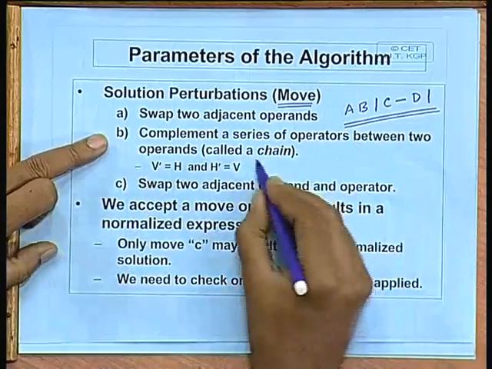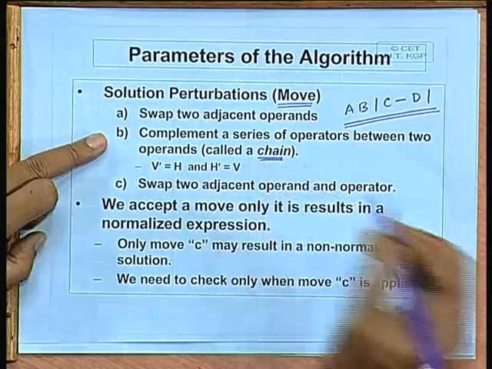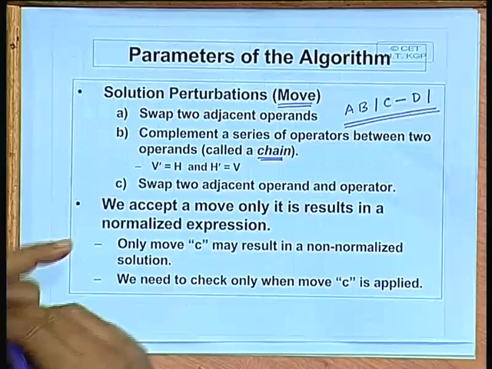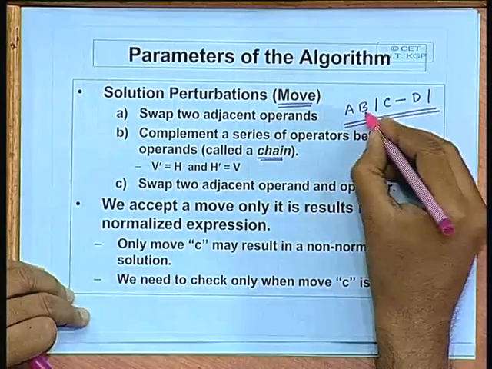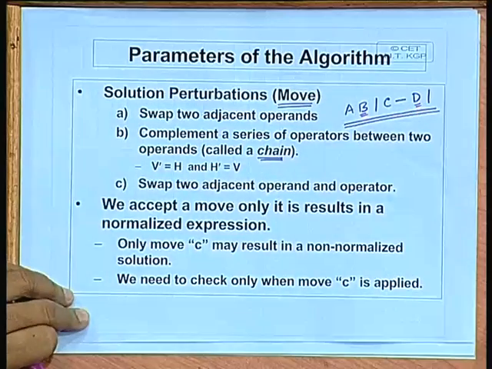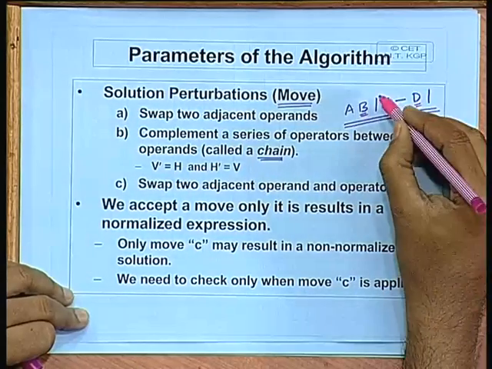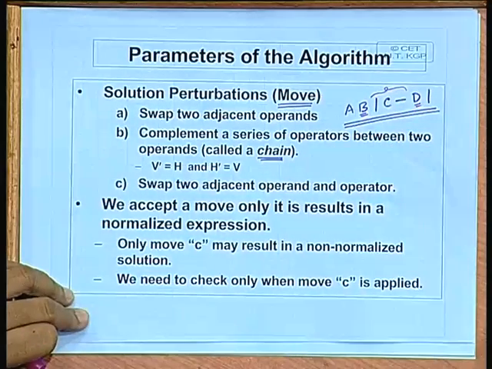The second one works on a so-called chain. A chain is defined, for example, by taking any two operands, for instance the operand B and the operand D. Whatever lies in between is called the chain.